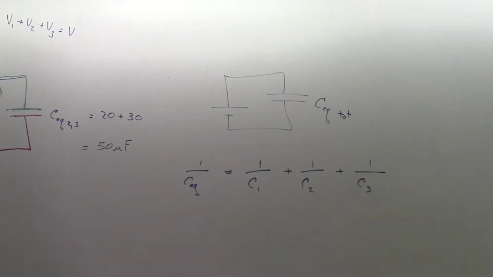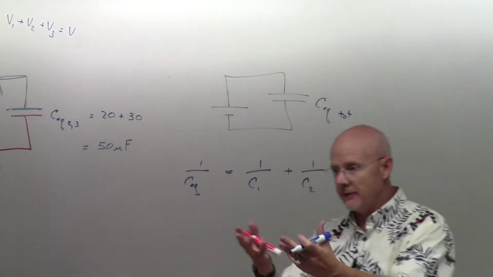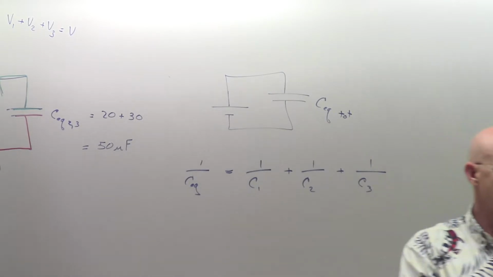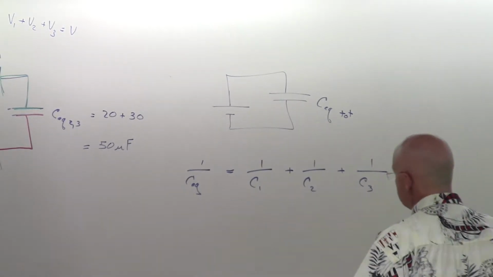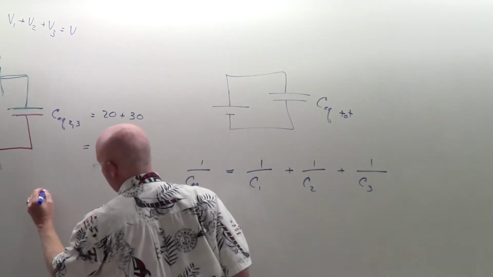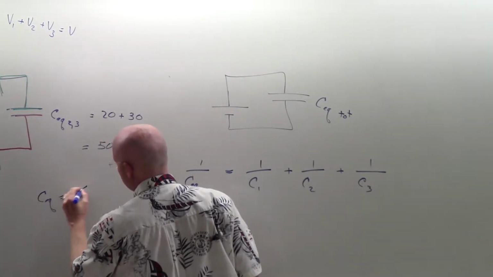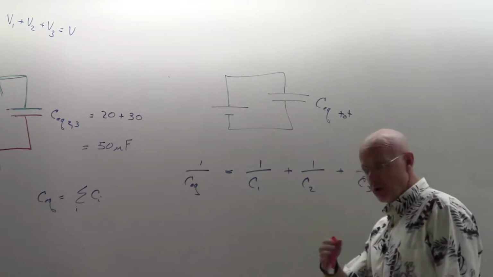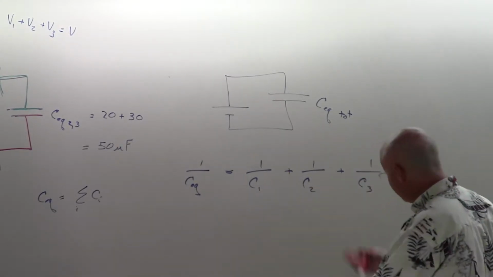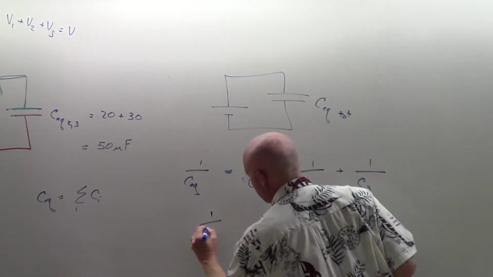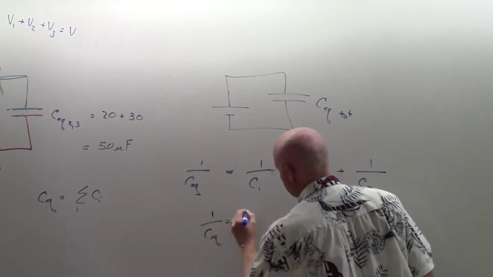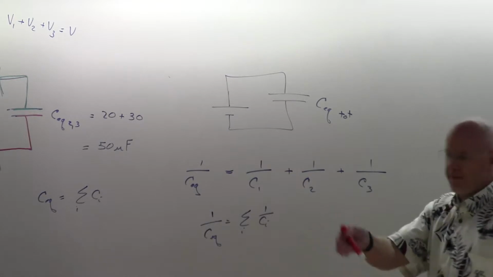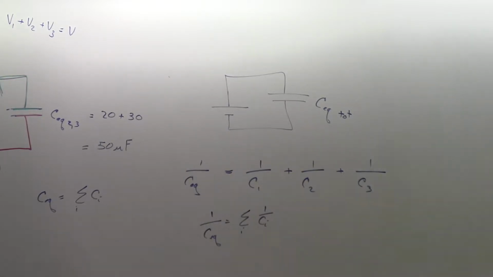So not obviously a complete proof, but an extension of the one we did for 2, if we did it with 3, if we did it with 4, if we did it with 5. And so the general idea here is if they're in parallel, the equivalent is just the sum of all the individual ones. Because you could have 3 or 4 or 5 in parallel. If they're in series, then the equivalent is the harmonic sum of 2, 3, 4, 5, 6, 7.